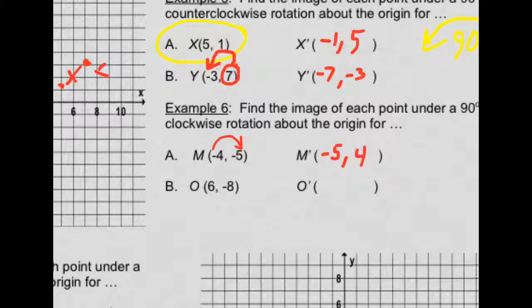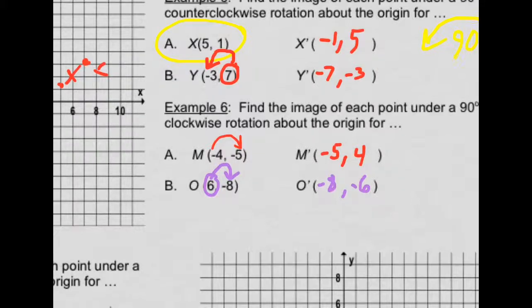So if we do that with this, clockwise, start with our x, shift it over to the y's position and change the sign, and then what was in our y's position just shifts over to our negative 8.